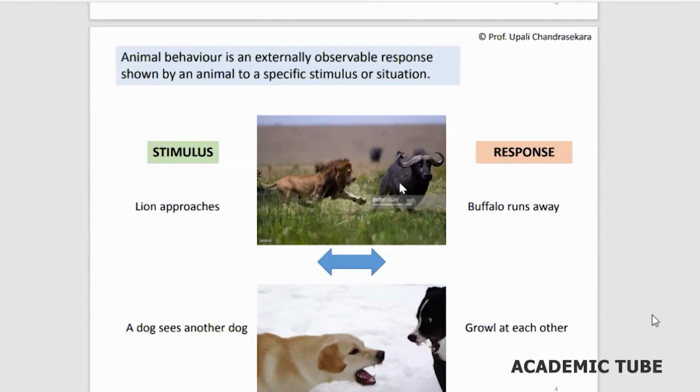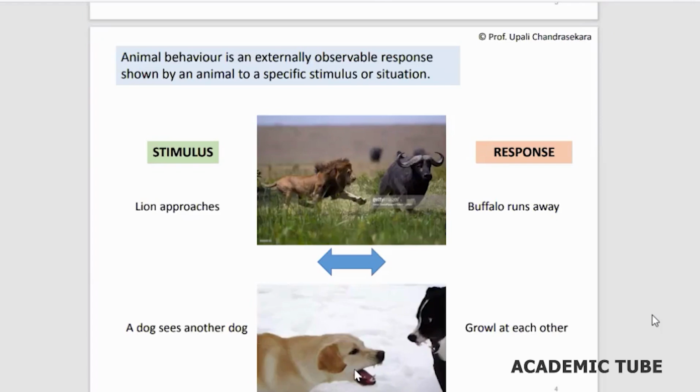It works both ways. Whatever it is, what we see, there are responses. For the response to be seen, there is a stimulus. Stimulus, stimuli.